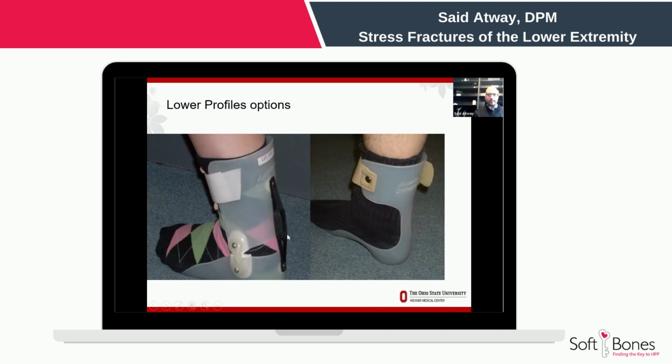So this is one that has straps that will allow for ankle dorsiflexion and plantar flexion. So you're still allowing that patient some mobility in the ankle, but maybe not allowing it in excess by having that strap there. If it seems like it's not working for that patient, they may need to move on to a solid short AFO, but at least you have an option for an intermediate or something in between.